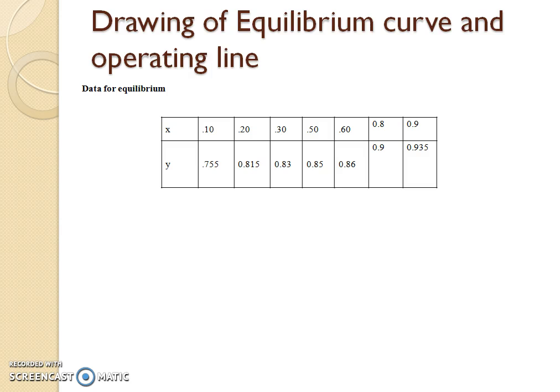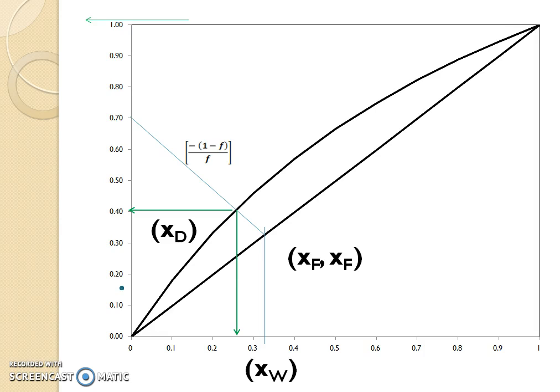Now I am explaining how to draw the equilibrium curve and operating line. The equilibrium data may be directly available or may be available in terms of alpha. You can calculate the X and Y values, and once you know them, you can draw the equilibrium curve. Once you have drawn the equilibrium curve, identify the position of XF.